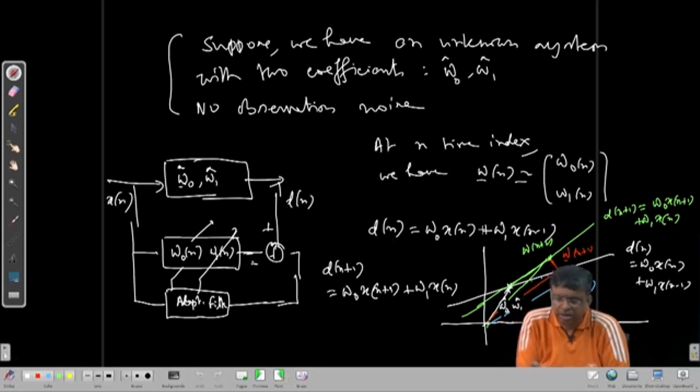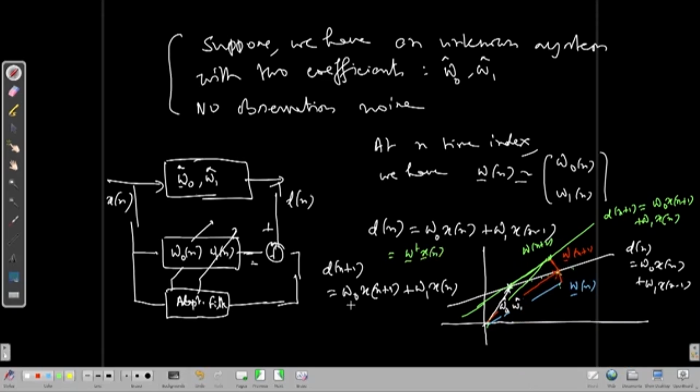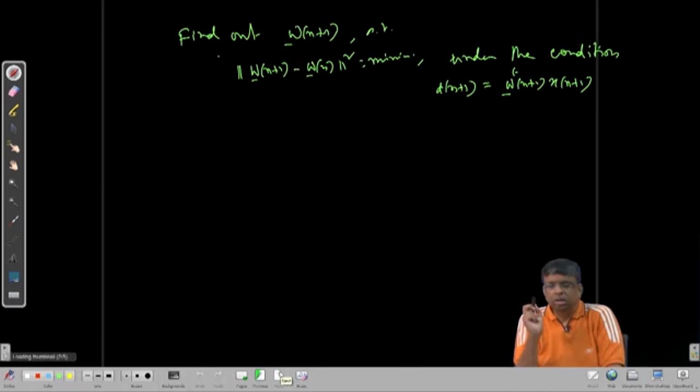I can write this also as W transpose x n. So now, instead of W, I have brought in n, because I am moving from index to index, adapting. And this is again W transpose x n plus 1. All right, this is the thing.